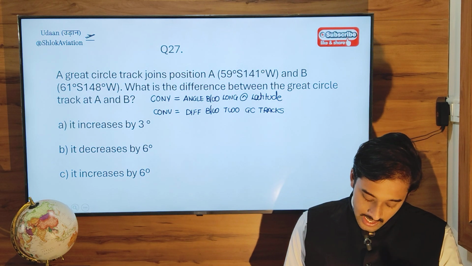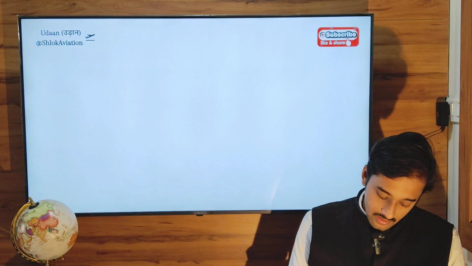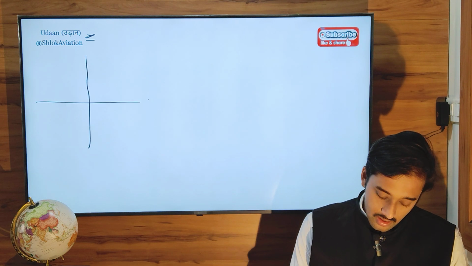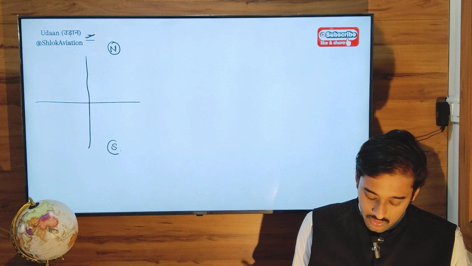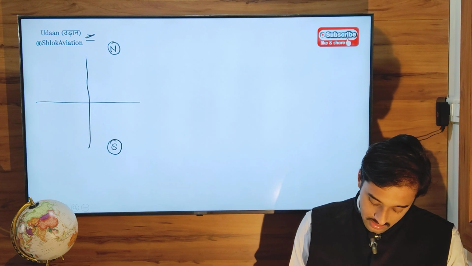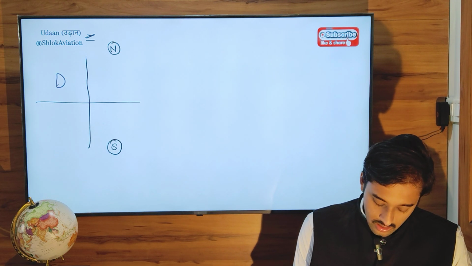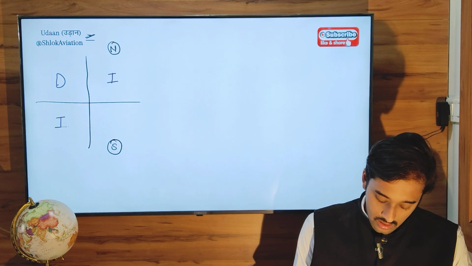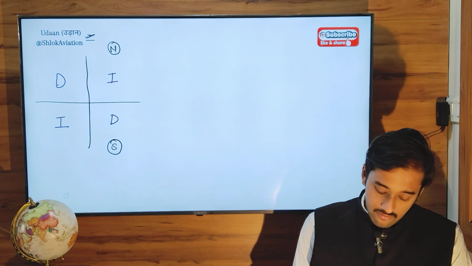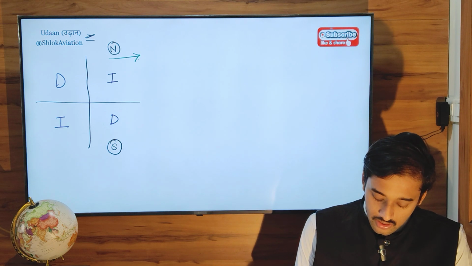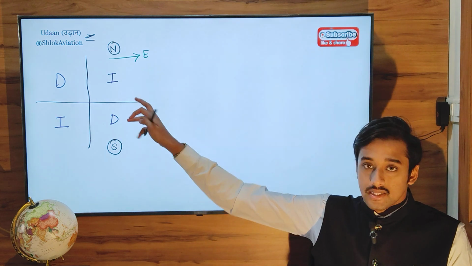Now you all know the DIID diagram, for when you are in the northern hemisphere and when you are in the southern hemisphere. That means traveling eastwards, in an easterly direction, your great circle track increases.